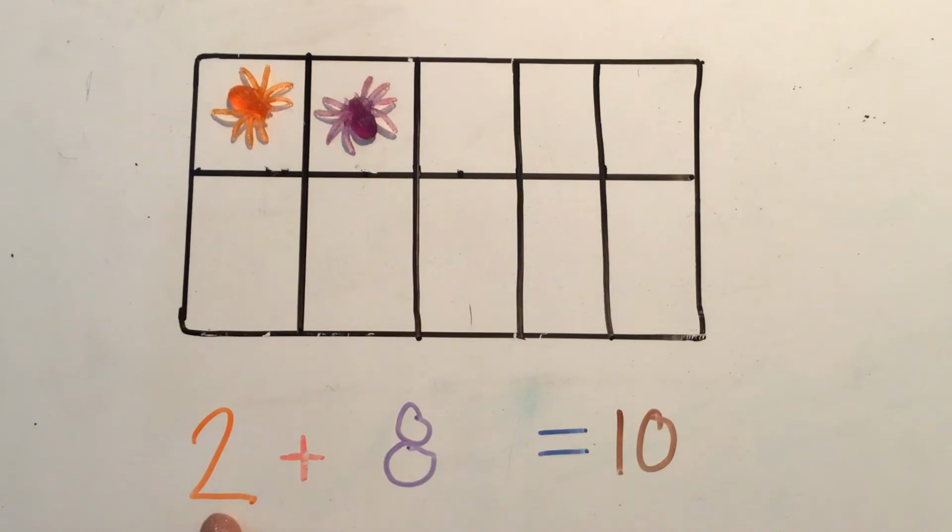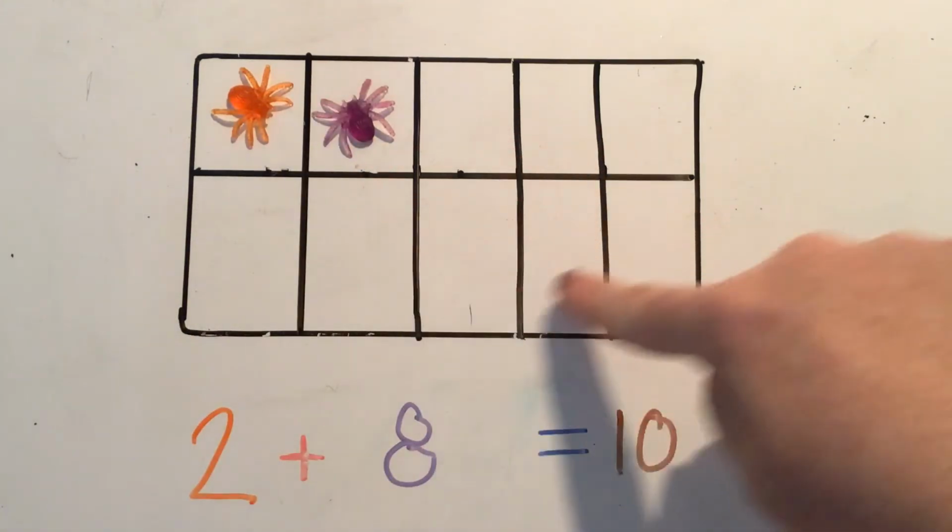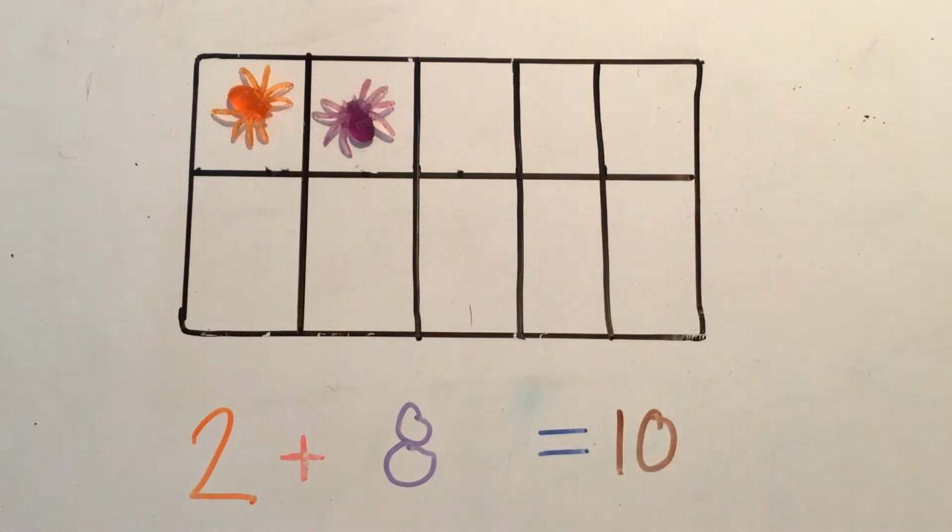So we have 2 spiders on our tens frame. We would need to add 8 more to equal 10 spiders all together. So we have 2 spiders, 1, 2, and we need 8 more spiders to have 10 spiders all together. So that would make 2 and 8 number partners for the number 10.